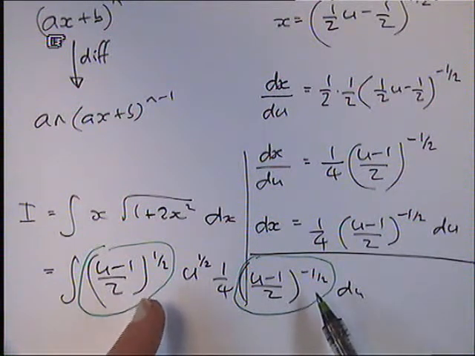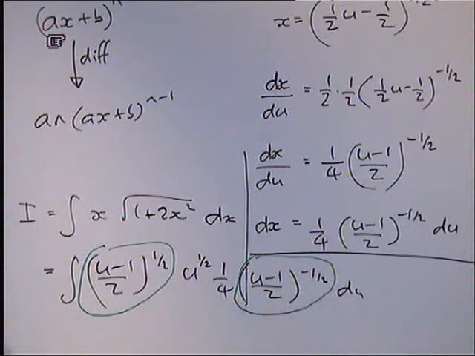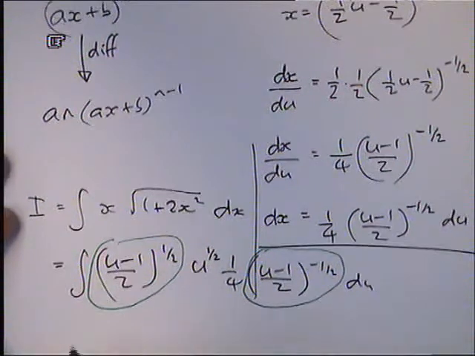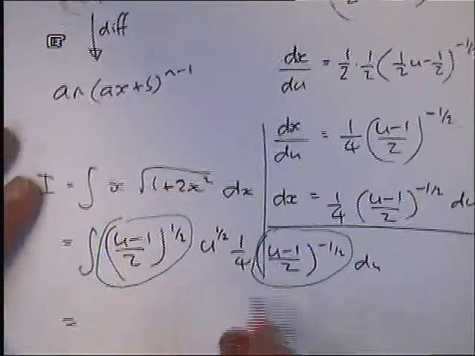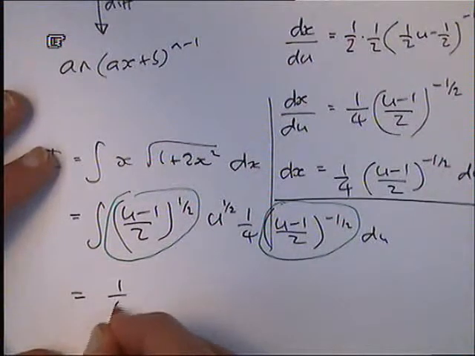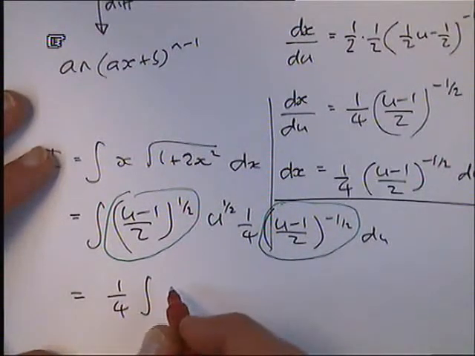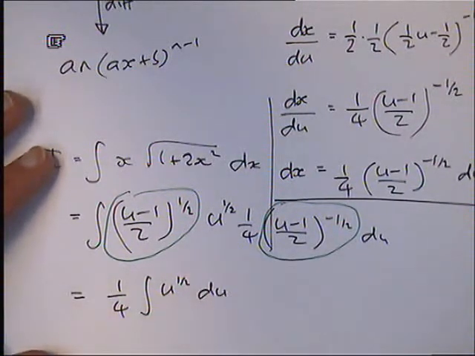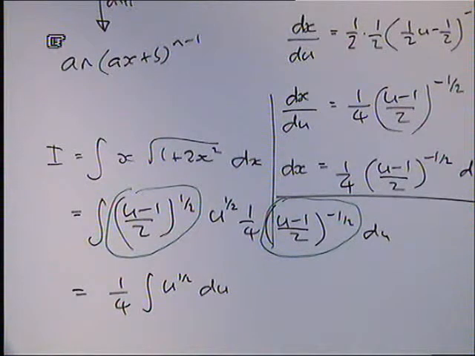So when you add the powers, it'll be that bracket to the power of 0, which is 1. So they disappear altogether. That's what's good about it. That's why you were guided down that route. So we are left with a quarter, which is just a multiplying number, so I might as well take that through the integral sign. And then all I'm left with is u to the half du, which makes the question much simpler.